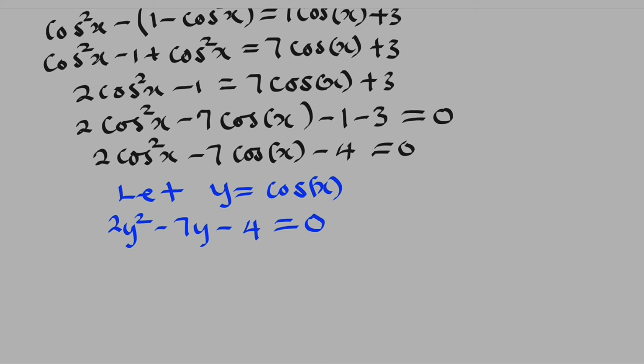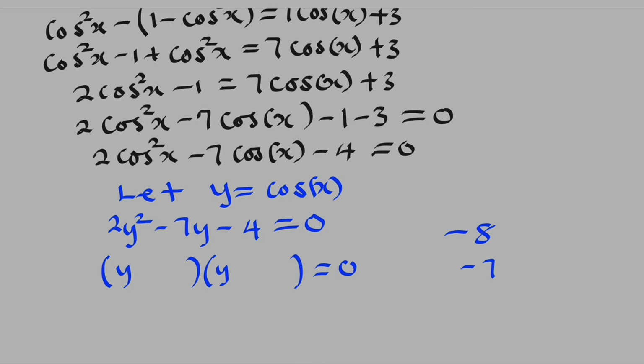We can solve it by factorization. Our two parentheses. Everything is in terms of y. Now we are going to take the leading coefficient 2 and multiply it by the constant negative 4, and that will give us negative 8. And the middle coefficient is negative 7.